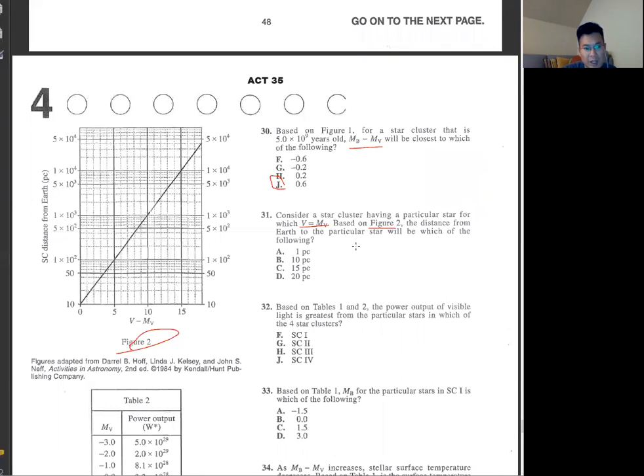So V equals MV, which becomes 0, right? The 0 that you see is the PC, which is here. PC is 10, the Y value is 10, that's why it's B.